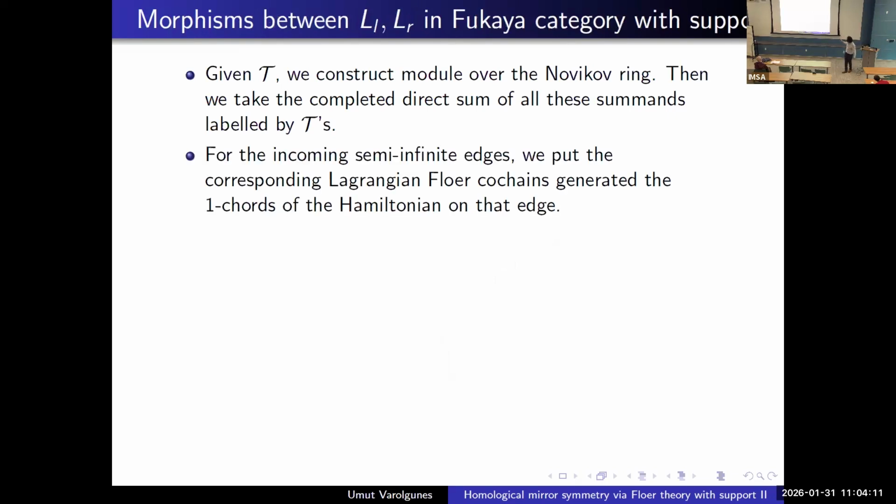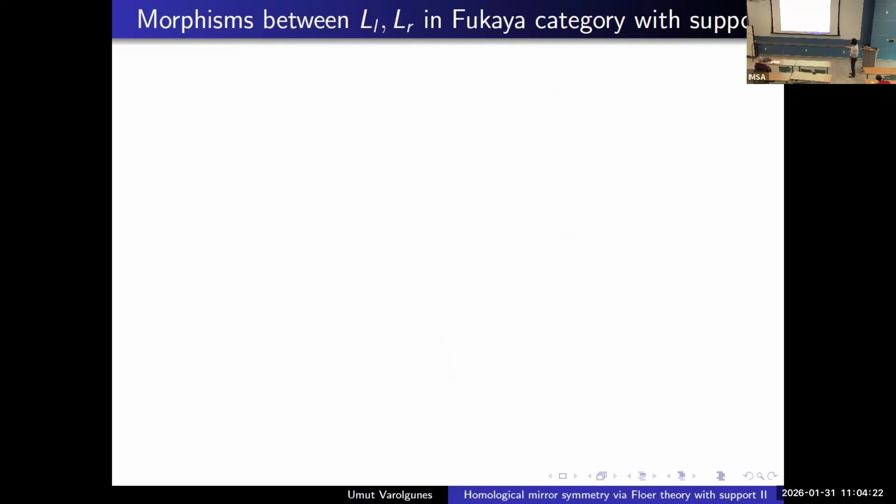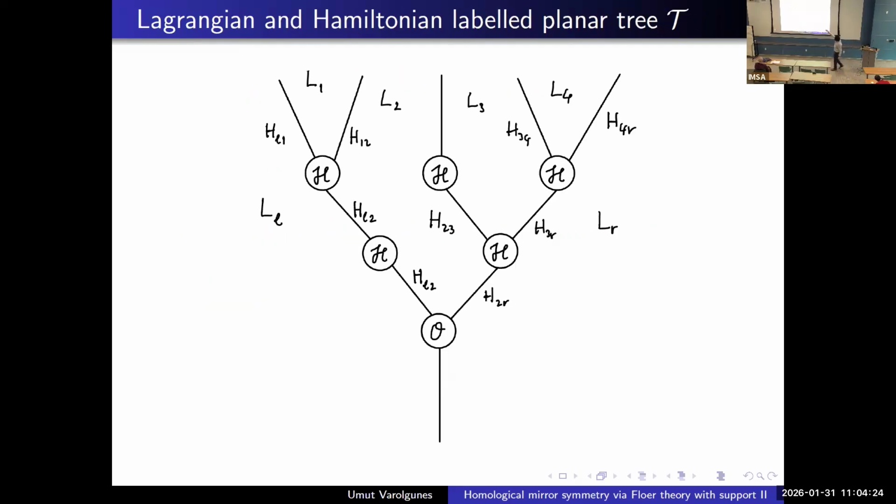For each vertex that's not adjacent to the semi-infinite outgoing edge, we have the corresponding H multimorphism chain complex. Here I have those fixed Hamiltonians, and then I have the Floer data that extends those Hamiltonians in my multi-category.